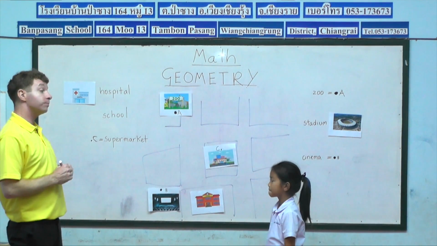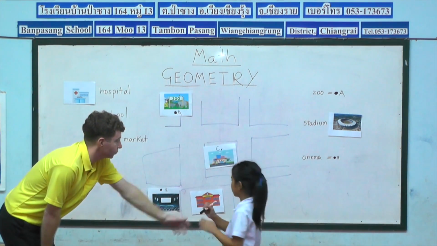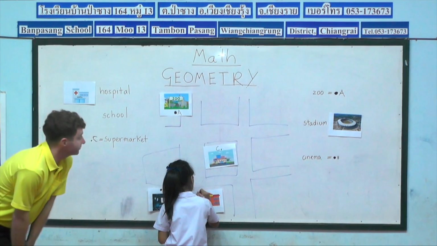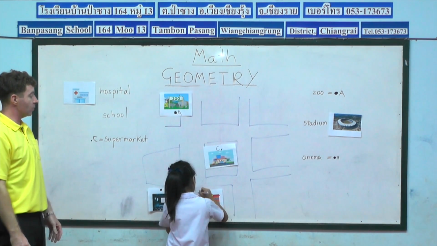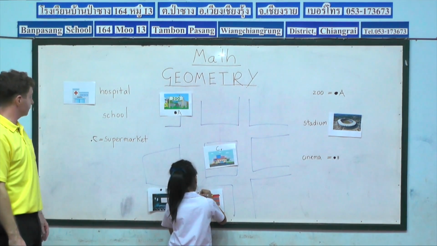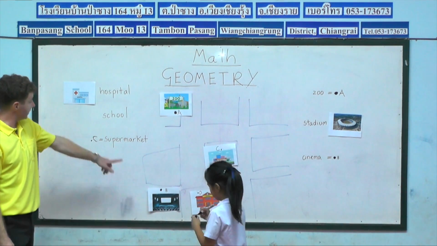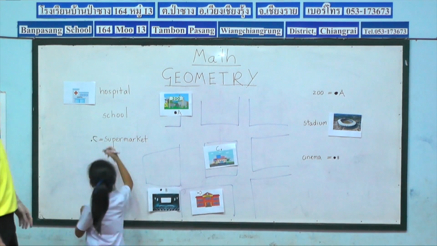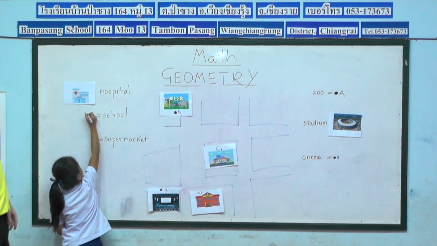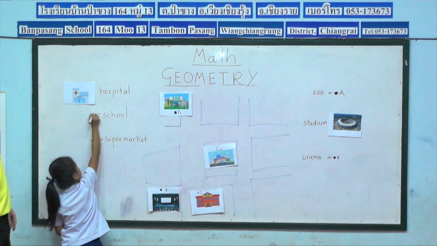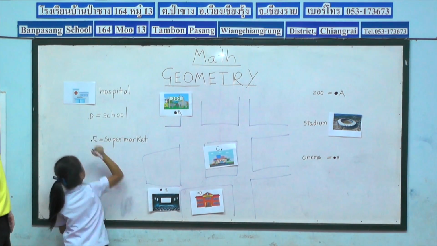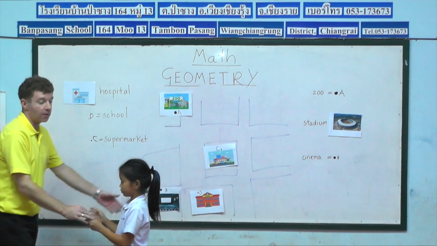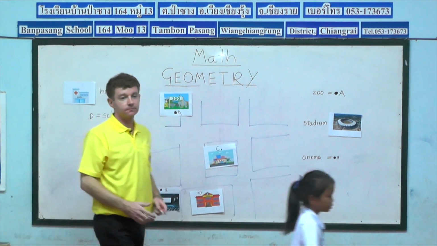So, what point on our map will you give our school? We have points A, B, C, and now we have point D. Excellent. Point D, and then on our key, Prel, can you give our school its mark to say what point we are? Point D. Perfect. High five. Big round of applause for Prel. That was excellent.